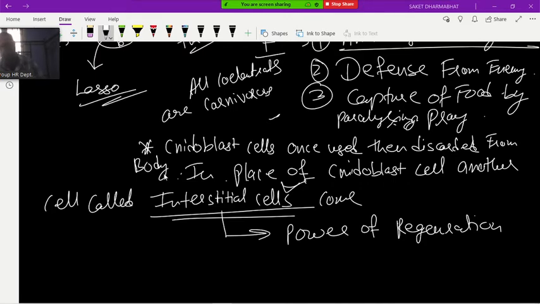Okay, sir. So power of regeneration and gamete formation. These are the two functions of what? Interstitial cell.